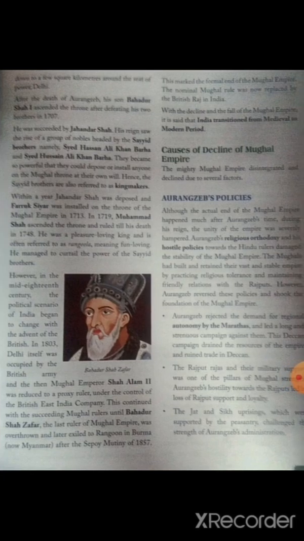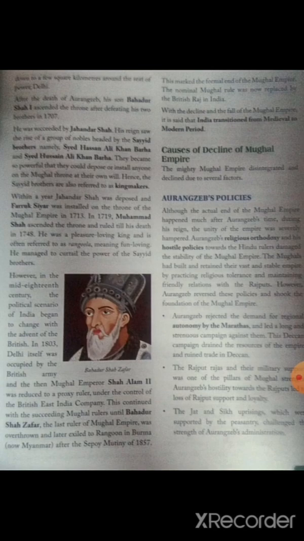This continued with the succeeding Mughal rulers until Bahadur Shah Zafar, the last ruler of the Mughal Empire, was overthrown and later exiled to Rangoon in Burma, now Myanmar, after the Sepoy Mutiny of 1857.